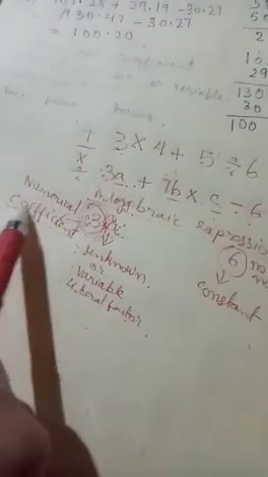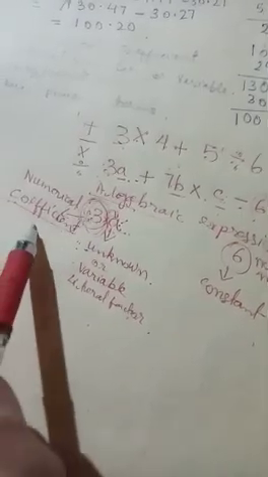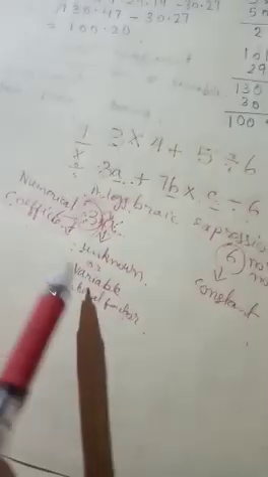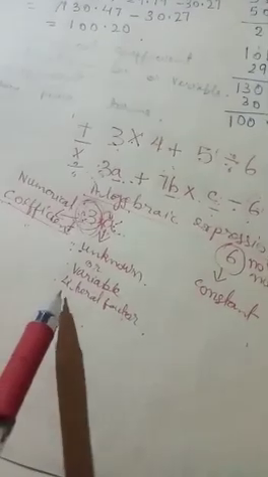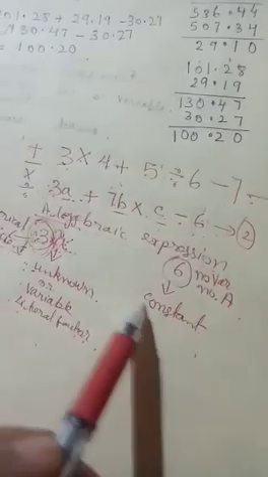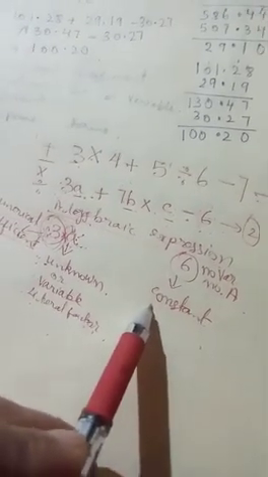So if we write them together, join them with multiply, the number we call it as numerical coefficient or simply coefficient, and this alphabet we call it as unknown, or we may call it variable, or we may call it literal factor. Then if there is a number which is written without alphabet, that number we call it as constant.